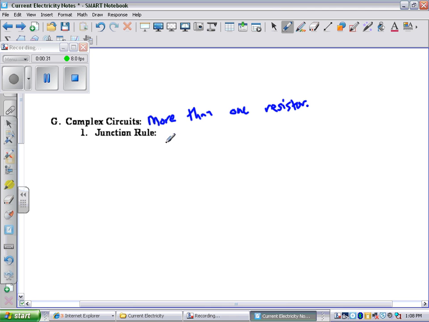For the junction rule, a junction is where two or more currents come together, and the current into the junction has to equal the current out of the junction.